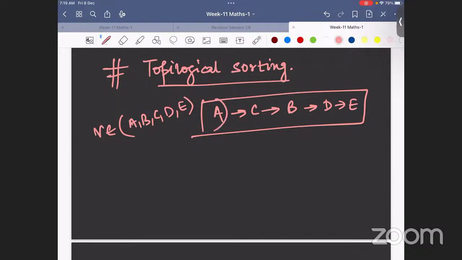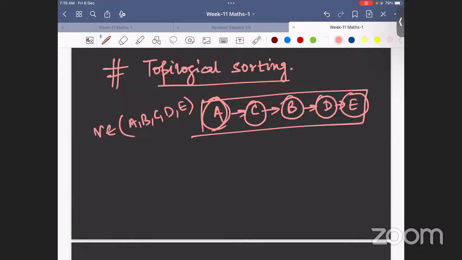That you have to finish work A first, then C, then B and D. Or maybe there is a dependency of D on E, or a dependency of C on A.